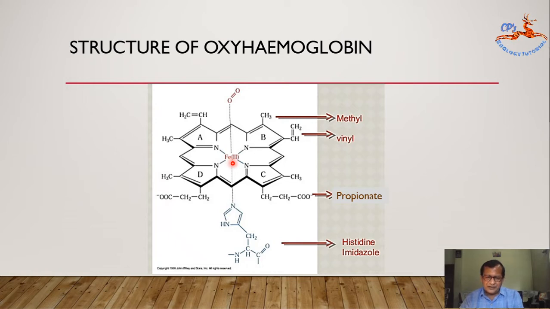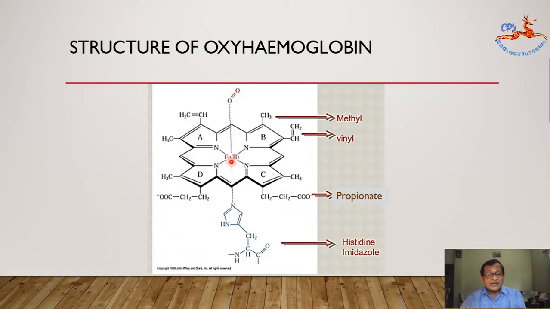This iron molecule has 6 coordinating bonds. Of these 6, 4 coordinating bonds, this one, this one, this one and this one, remain in the equatorial plane, bound together with the nitrogen atoms of the 4 pyrrole rings. 1, 2, 3, 4.